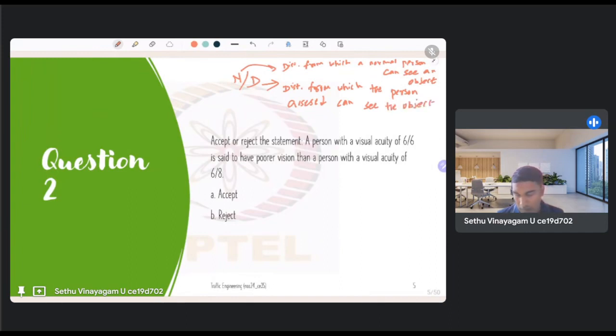Okay, so your numerator is like your reference value. For a normal person, what is the maximum distance from which he can see an object, and the denominator is what the person who is undergoing this assessment can see. Okay, so if the person who is getting assessed can see the same object from a farther distance, if d is greater than n, then there is a better acuity, right?